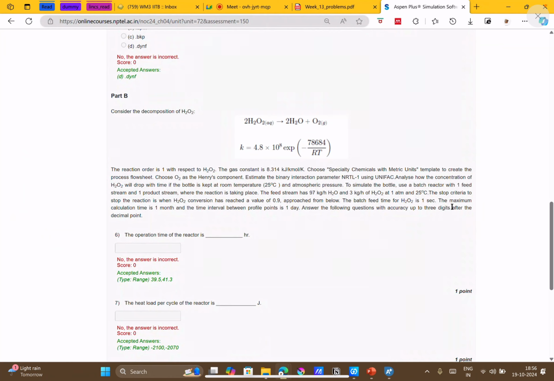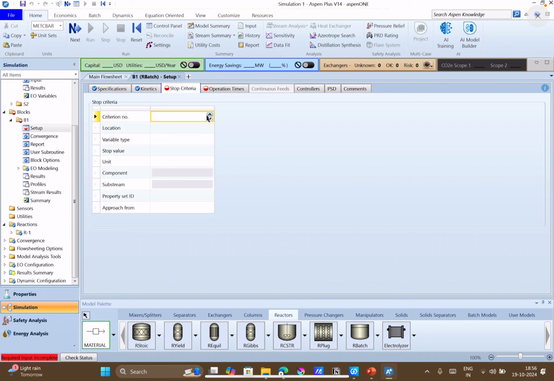Here we have to give a stop criteria. Stop criteria to stop the reaction is when H2O2 conversion has reached the value of 0.9. Okay, so let's say this is our first criteria.